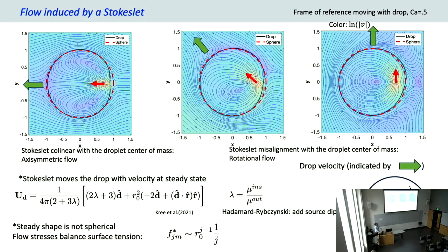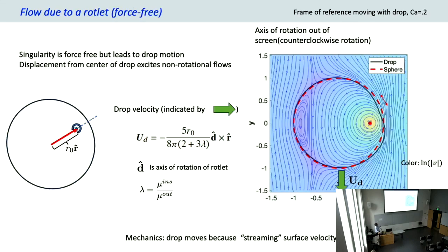The interesting part is that now if you consider a force-free active particle, force-free singularities like the rotlet, a spinning particle, we know that usually when you have boundaries, spinning couples to translation. And something like this happens here. You end up with a spinning particle, and this spinning particle generates a flow that pushes the droplet.